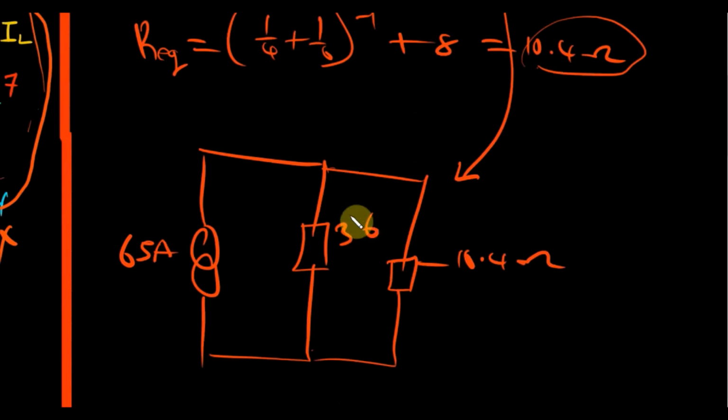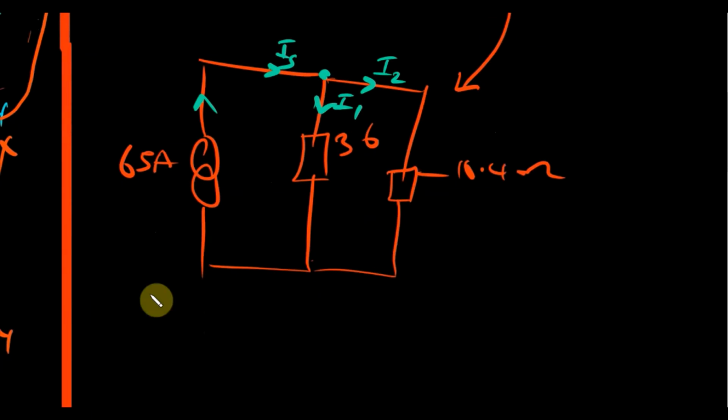The 65 amp source supplies current that will flow all the way to this junction, and upon reaching this junction it will divide. Let's call that I1 and call this one I2, and our point of interest here is I2.